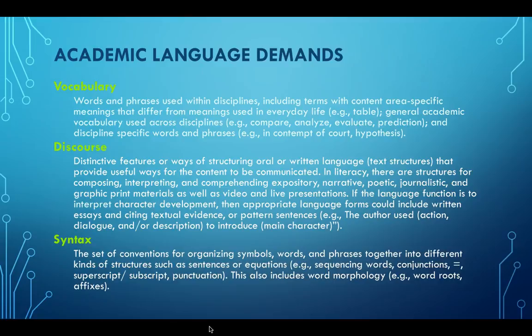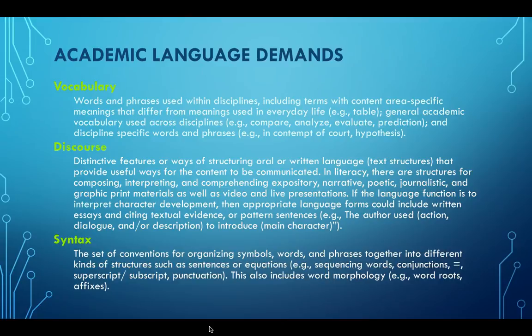Other examples will include general academic vocabulary, such as compare, analyze, evaluate, predict, as well as academic discipline specific words and phrases. So, for example, in legal and historical contexts, you might find the phrase in contempt of court. And in science, you'll find the word hypothesis.